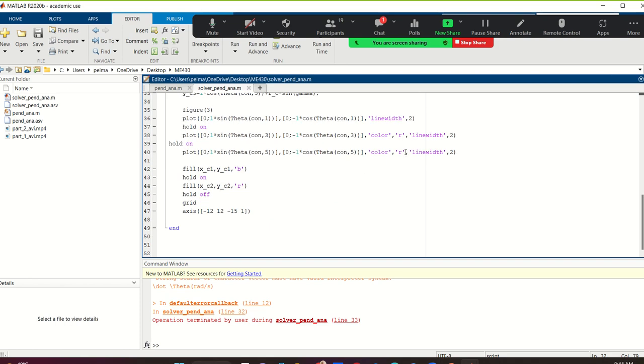So we plotted this. I'm going to put it as green. Okay, green. And now I have to hold on about the circle of that. You see, I put hold off at the end of everything. Here is hold on, but when I'm done, it's going to be hold off.